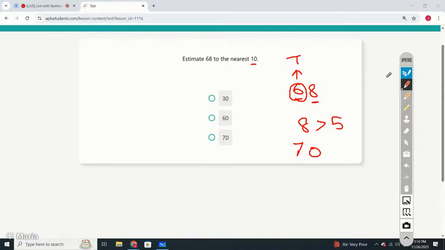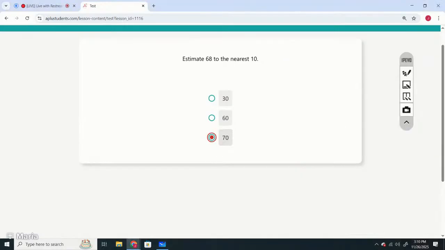So the correct option is 70. Option number 3 is the correct option, right? The correct option is 70.